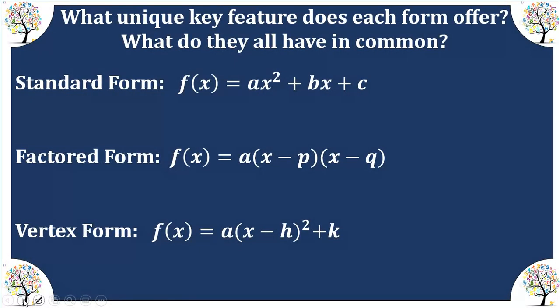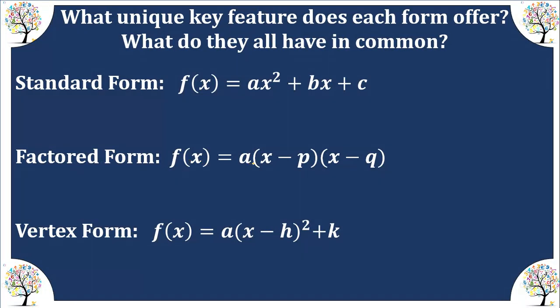So here are the three different forms for quadratic equations, and they each offer a key feature. We have standard form, which we've been working with, ax squared plus bx plus c. We have factor form, which we've also been familiar with, where we factor our quadratic.